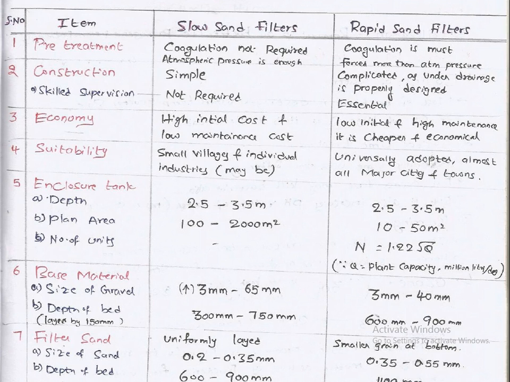Filter sand: size of sand is a uniform layer of 0.2 to 3.5 mm. Smaller grain at bottom 3.35 to 0.55 mm. Depth of bed is 600 to 900 mm, whereas in rapid sand it's 1100 mm depth of bed.